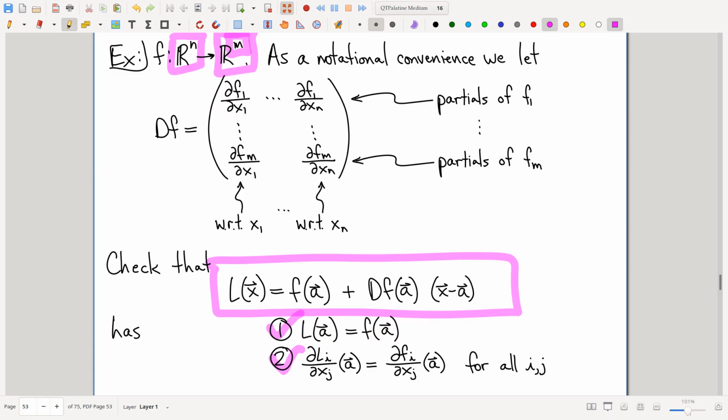I emphasize, when I say all of the same partials, I mean all of the same partials with respect to all of the inputs and of all of the several outputs, right? We now have m different output variables, all of those output variables with respect to all n of these input variables. And I want to find a single linear, well, first order polynomial function that mimics in that sense.